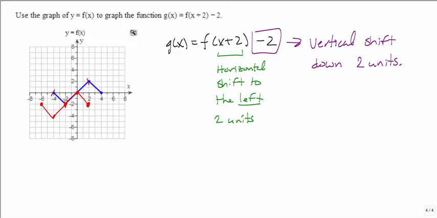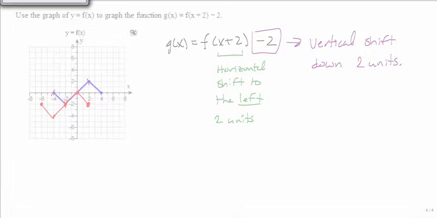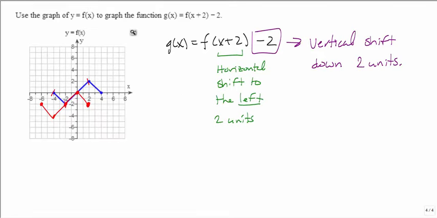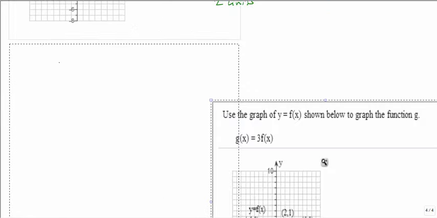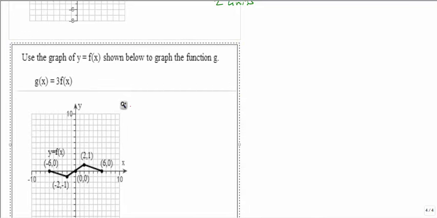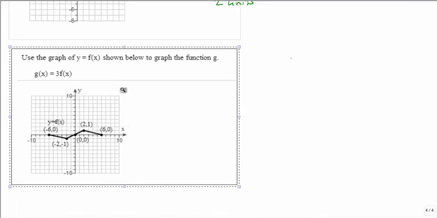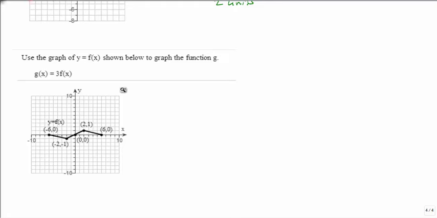The next problem we're going to be looking at is a stretch. It's on the outside of the argument, so it's going to be vertical. So let's go ahead and look at the transformations here. So here I have g of x equals 3 times f of x.